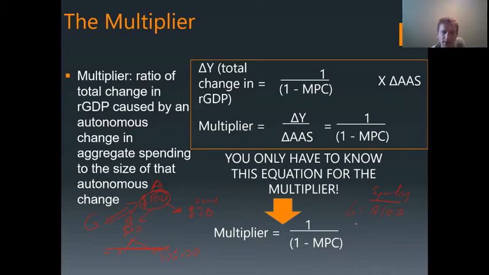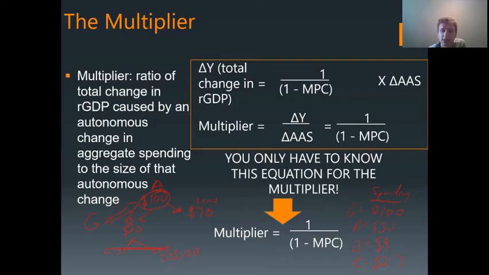Government spent that. Person A spent that. Person B now spends 30% of $30. So that's going to be $9. That's going to go to person C, who is going to save 70% of that and spend 30% of that. So they're going to spend $2.70, and so on and so on and so on down the line.